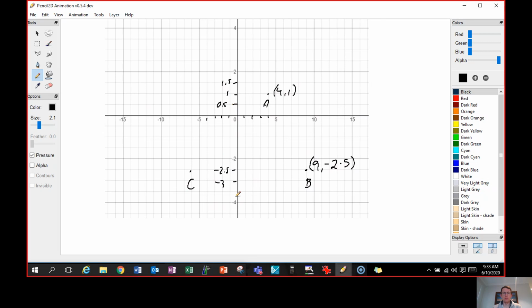This is just a number line going upwards and down, and this is a number line going across and back. Don't forget, this is your x-axis, and this one is your y-axis. C, again, would then be negative 6 on the x. As you note, I'm reading off the line. That's how I do it: negative 6. And down here would still be negative 2.5.